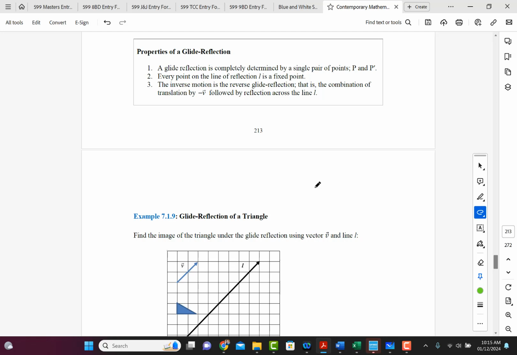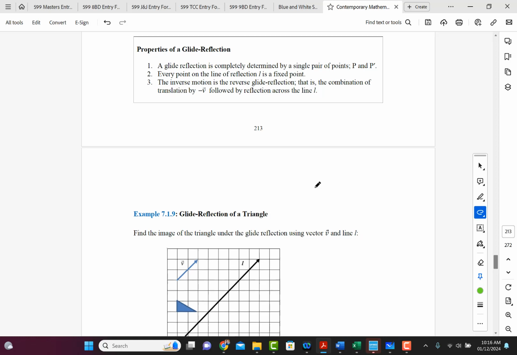That is the combination of translation by negative V, the vector negative V, followed by the reflection across line L. Okay, so that would be the inverse motion.